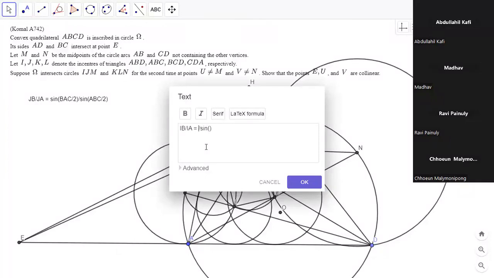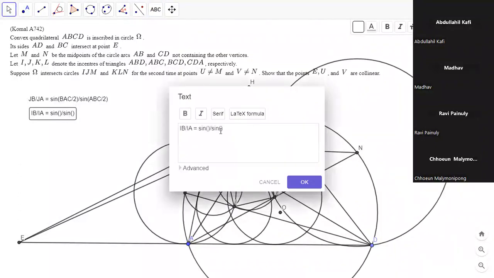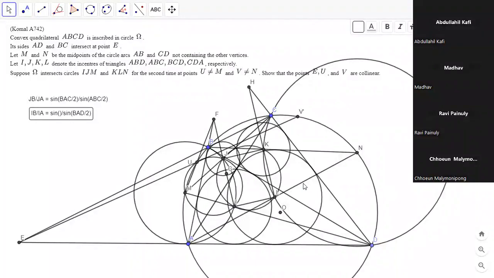Let me just figure out what the right angles are. The bottom one would be sine BAD over 2. The top one would be sine ABD over 2.